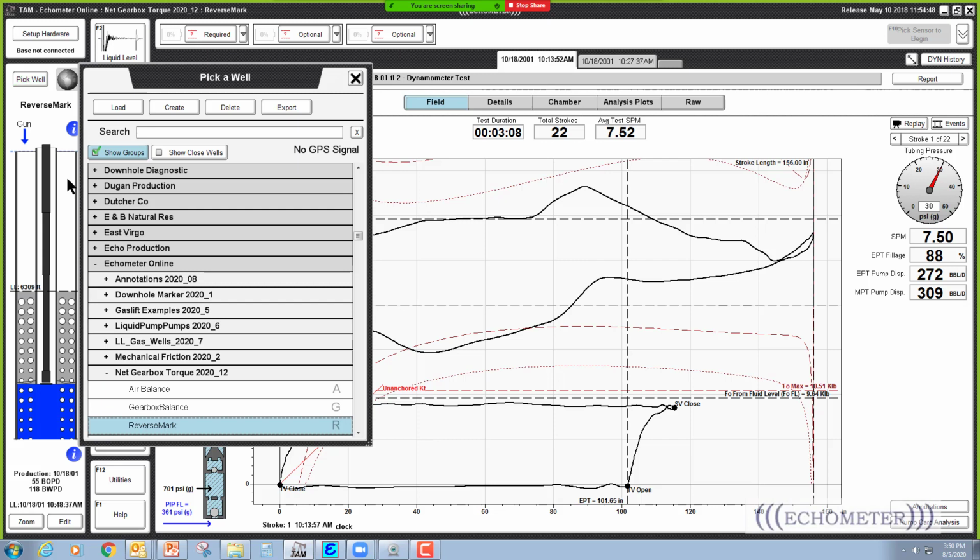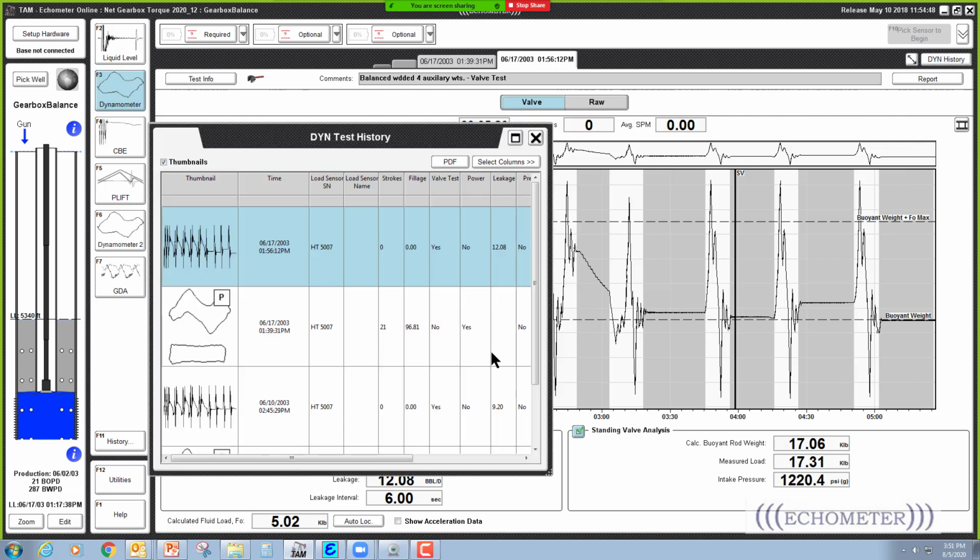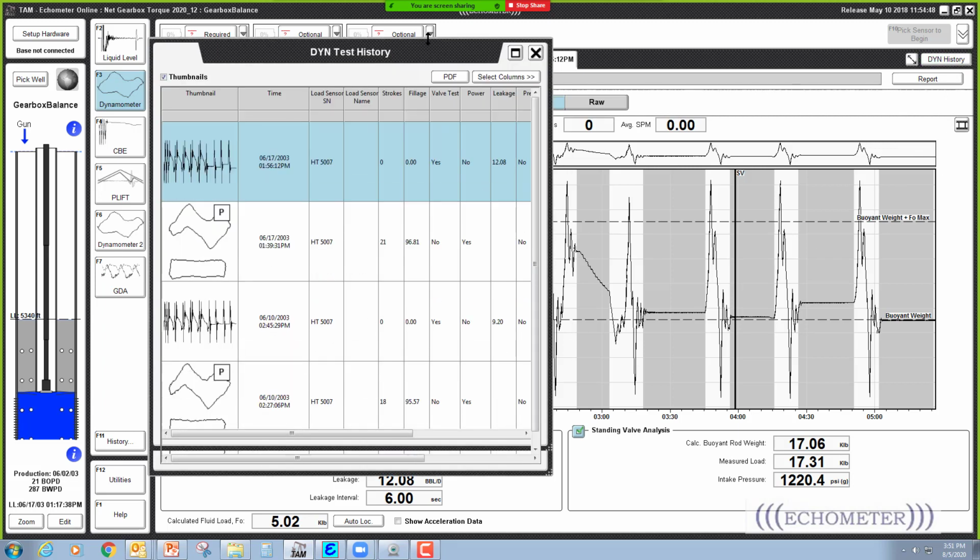If we go into the gearbox balance example, there are two different data sets here. One data set was collected on June the 10th, 2003, and the second data set was collected on June 17th, 2003, a week later.